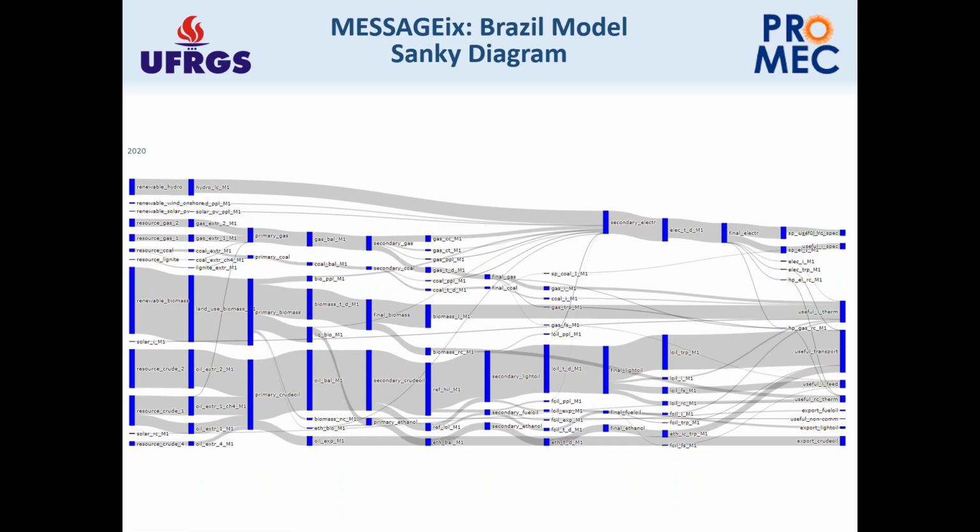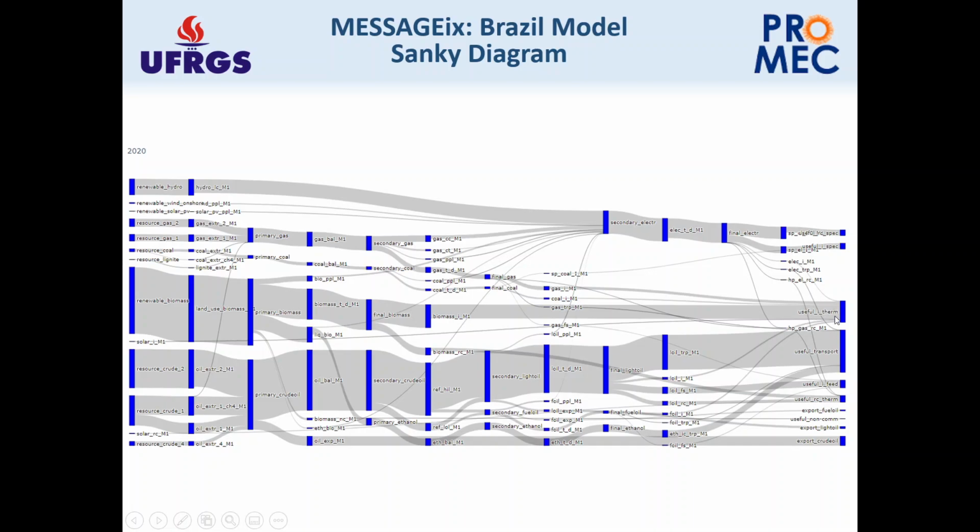MESSAGE is an open source platform, so there are several people that develop tools to make MESSAGE more user friendly. For example, you have your scenario, you load it into Python code, and then it gives you, for example, this Sankey diagram, which shows crude oil: how much of this crude oil is produced, how much is consumed, and where it's consumed, for transport, industry, the residential sector, thermal heating.